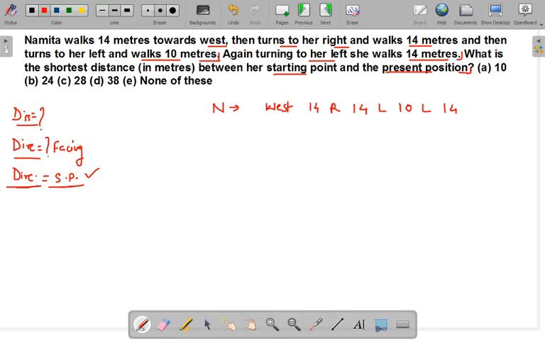Let's start with facing. So for facing we will do a pair. This is right plus left plus left. So she started from west, then right, left and left. So from west, if it is right and left, there is no change. West will remain west.